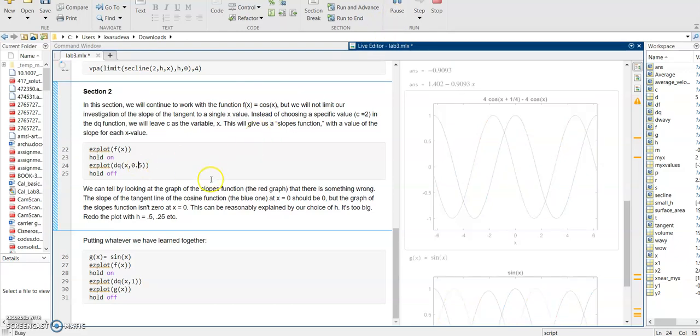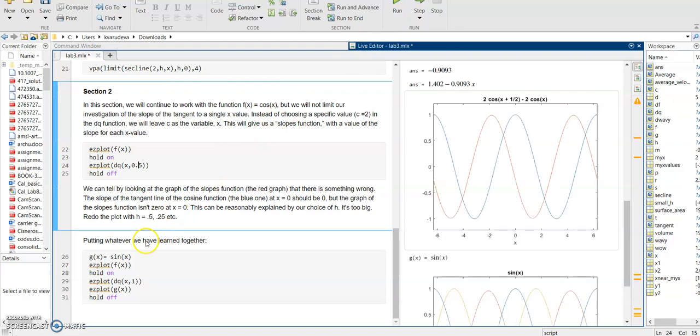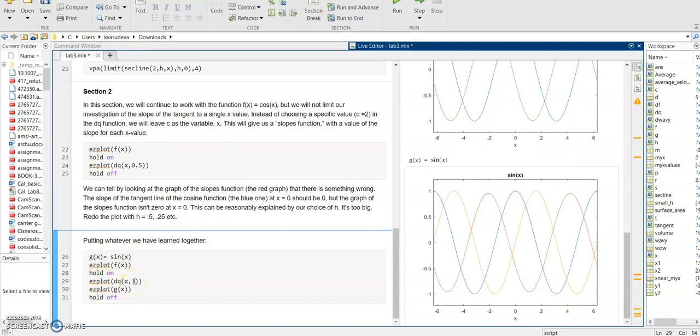Then let's choose another function. Did you see that it got shifted? Let's choose another function, which is g of x as sine of x, and plot all of them together at h is equal to 1.